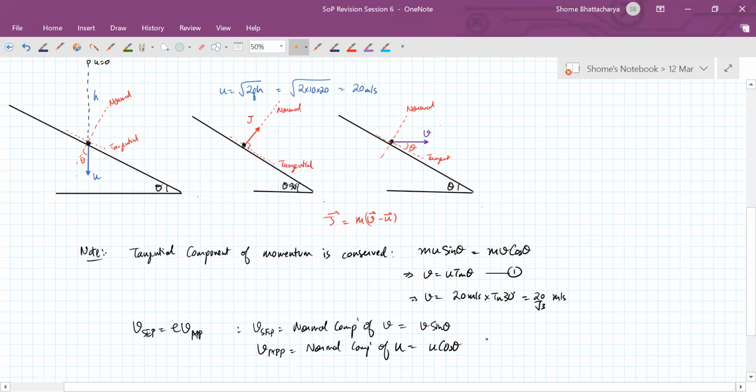So v sin theta should be equal to e times u cos theta.